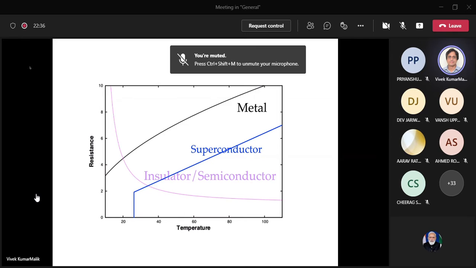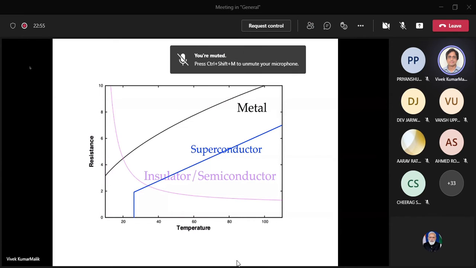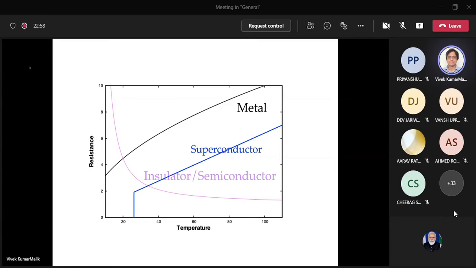As you increase the current, a magnetic field is created, and this magnetic field is also applied to the superconductor, which is also exposed to it.